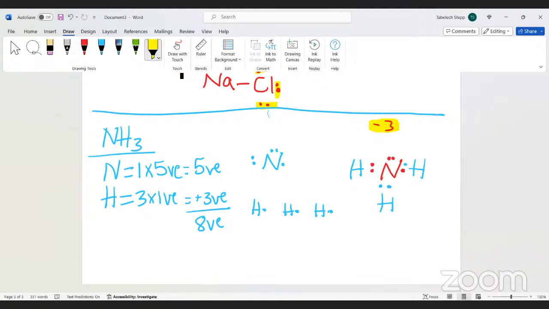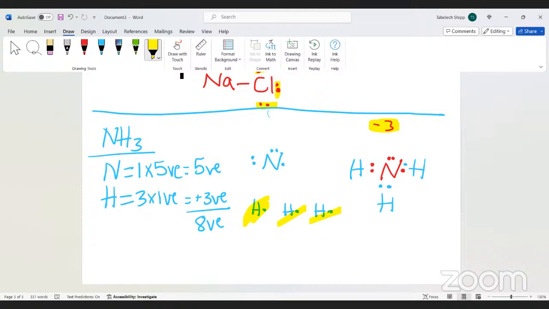So hydrogen 1 right here, we're going to get rid of that one. See, right here. Hydrogen 2, get rid of that dot. Hydrogen 3, get rid of that dot. And if you count the number of blue dots you see, you can tell that they come from each of these hydrogens. And if you count the red dots, you'll notice that that comes from your nitrogen.